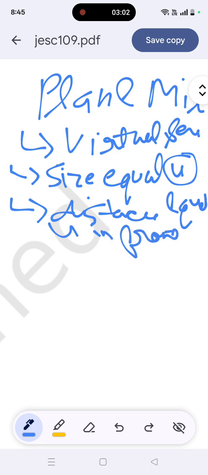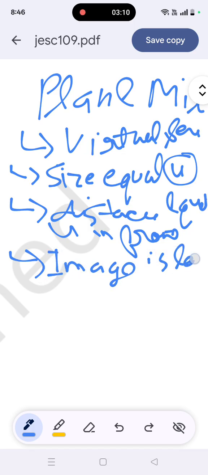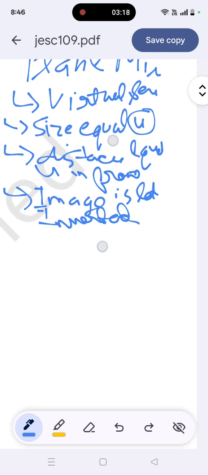Last but not the least, the image formed is laterally inverted. So these are the properties of plane mirror.